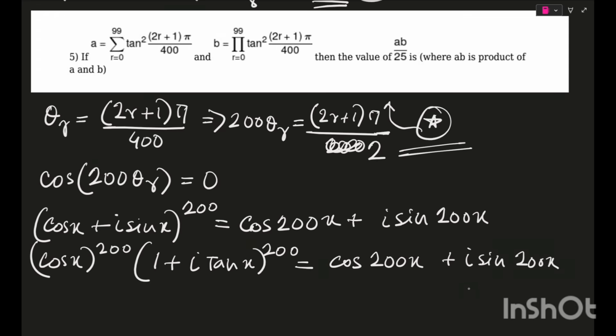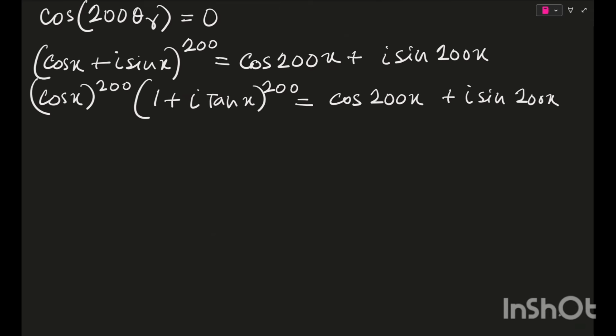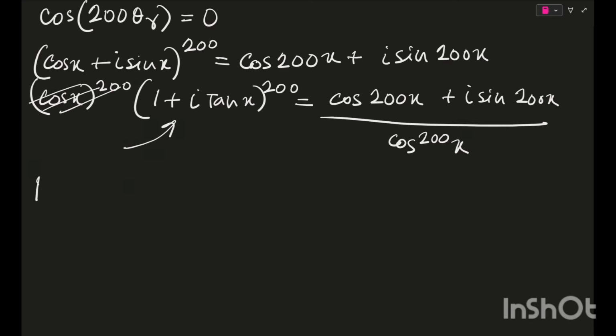Okay, so now let's do one thing. I am taking this cos x to the power 200 to the RHS. Second thing, now we will expand this, just like we binomially expand. So this will be 1 minus 200 c2 tan square x. I am not taking the imaginary values because once again we will need only the real values, not the imaginary values, because both parts are real, right? So why take the imaginary parts?